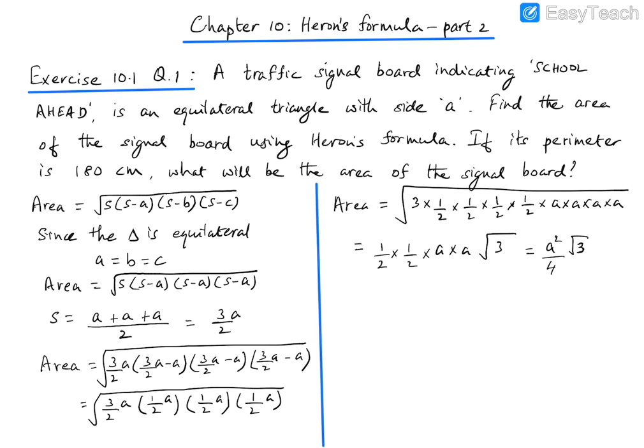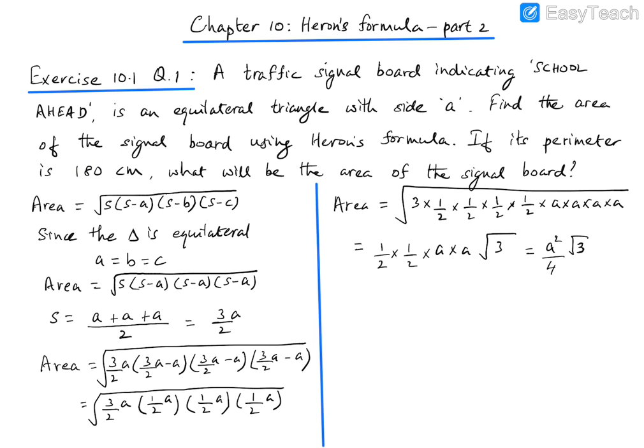So the side is given as a units of length. So from a units of length, we can calculate the area of the equilateral triangle. Using Heron's formula, we obtain this expression as a squared by 4 into root 3. So we will use this expression to find the area of the triangle given its perimeter is 180 centimeters.